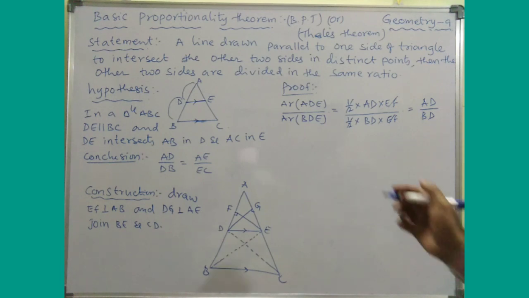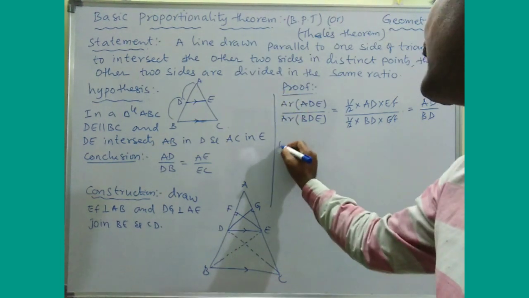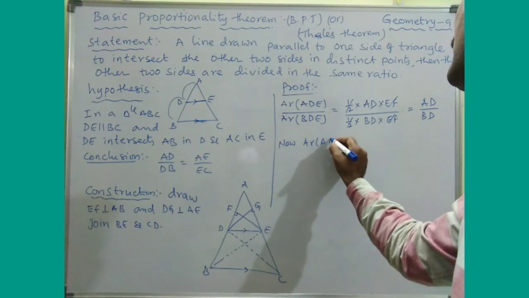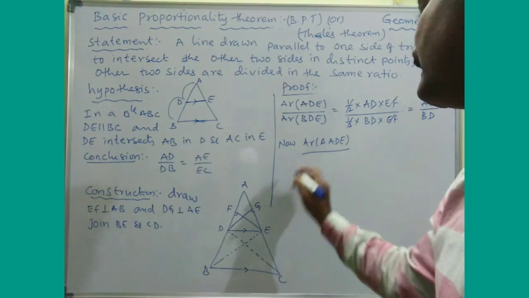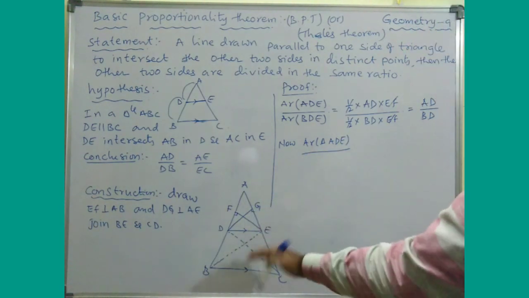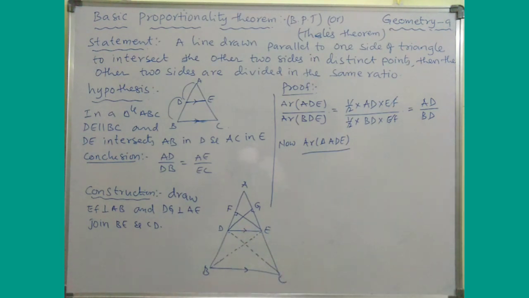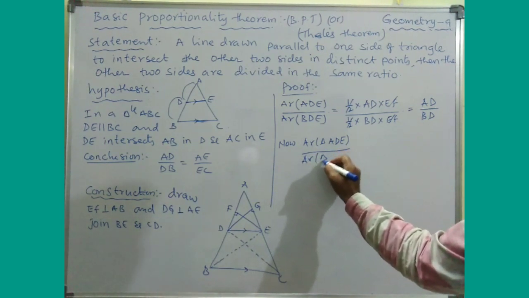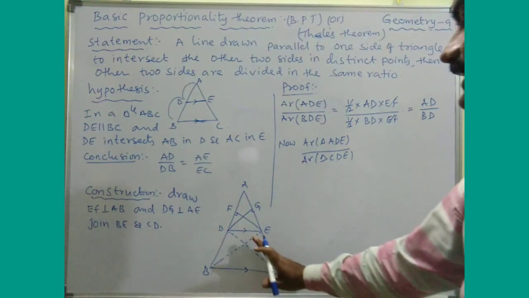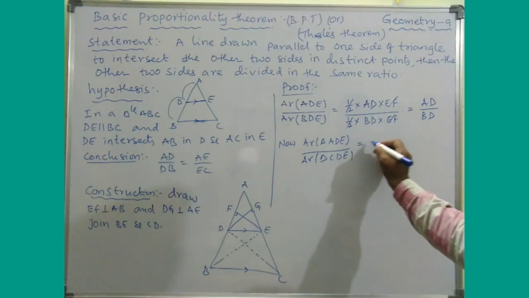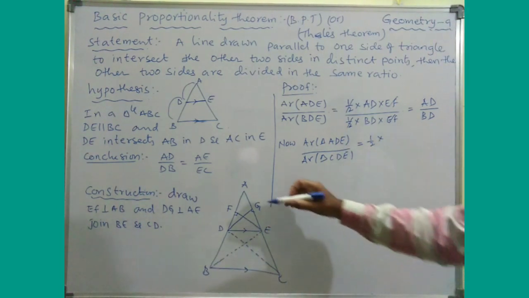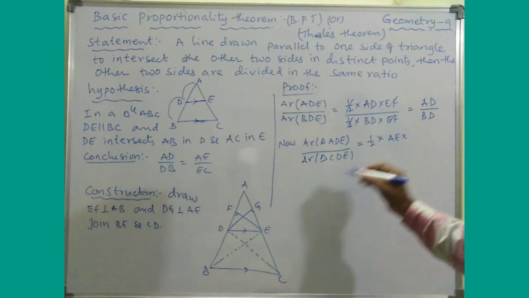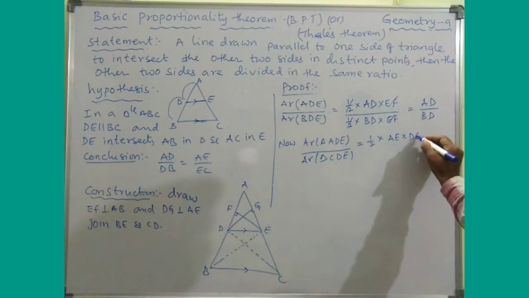Okay? So now in the same way, this time I want to go with area of triangle ADE again, and this side, this base. What is the other one? CDE. Area of triangle CDE. This triangle I want to consider. So once again, area, half into, this time I want to consider this is the base, I mean AE into height will be DG.